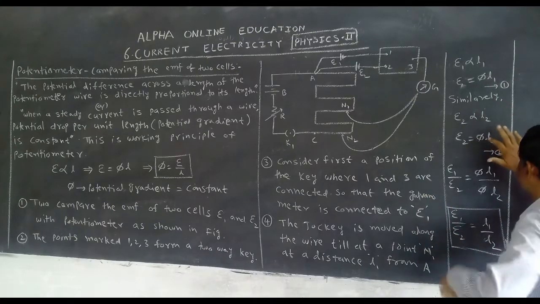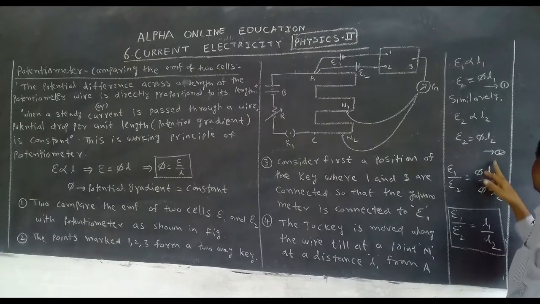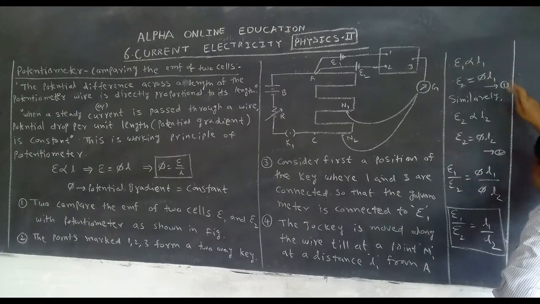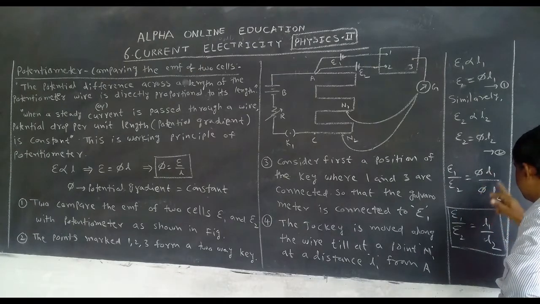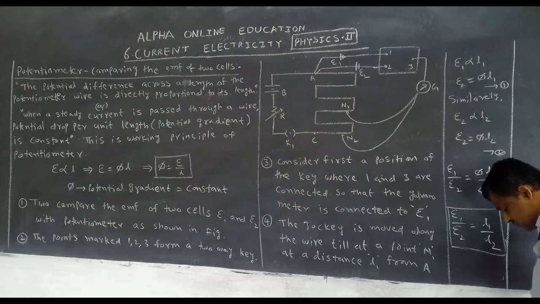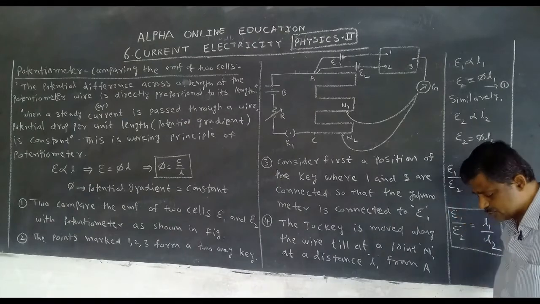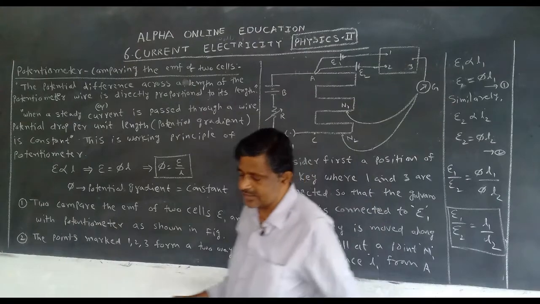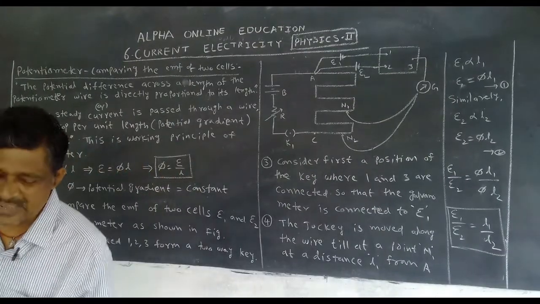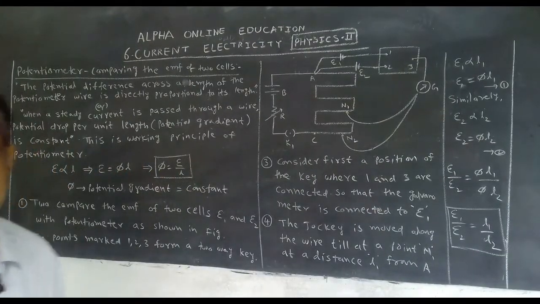Remove the proportionality, we get phi, equation 2. Take the ratio of them. E1 by E2 is equal to phi L1 by phi L2. Phi cancels. E1 by E2 is equal to L1 by L2. In this way, we can compare the EMF of the two cells.